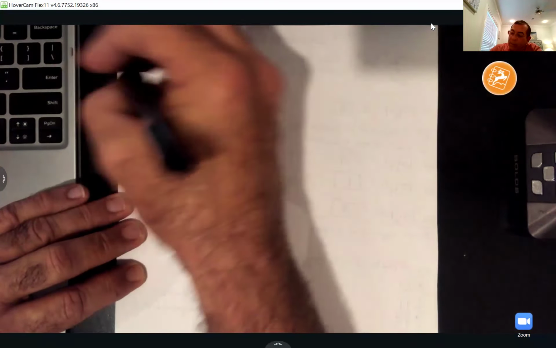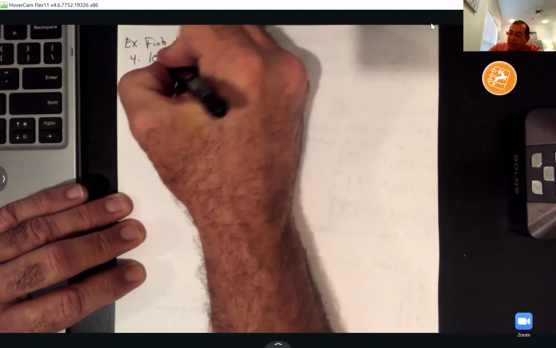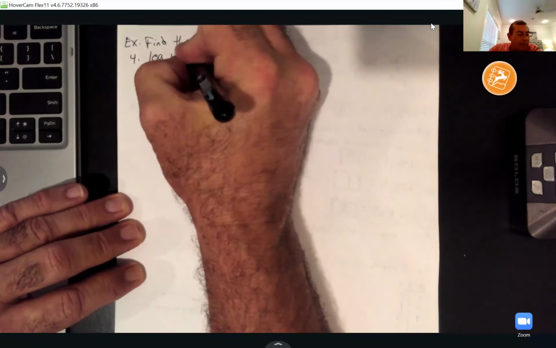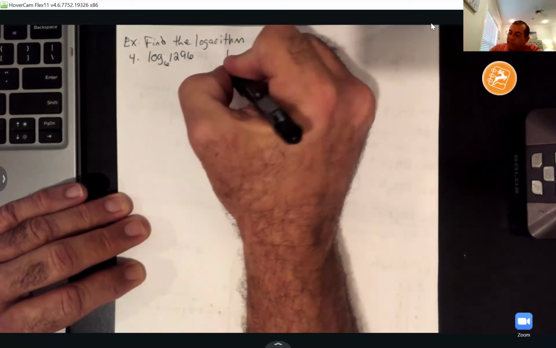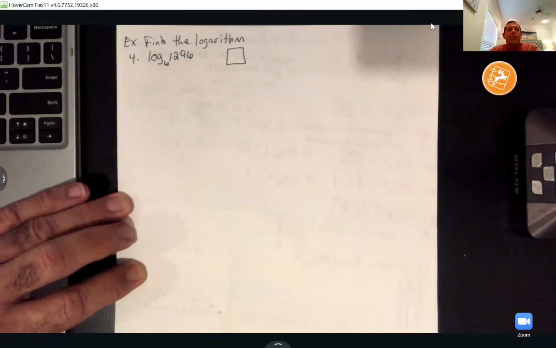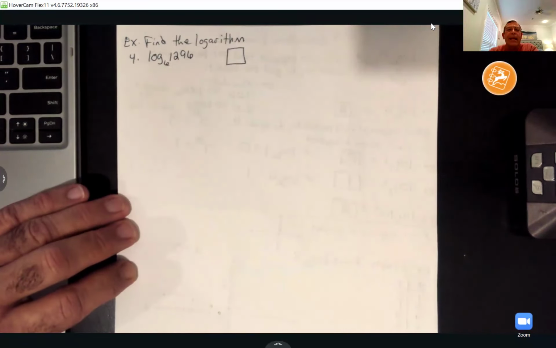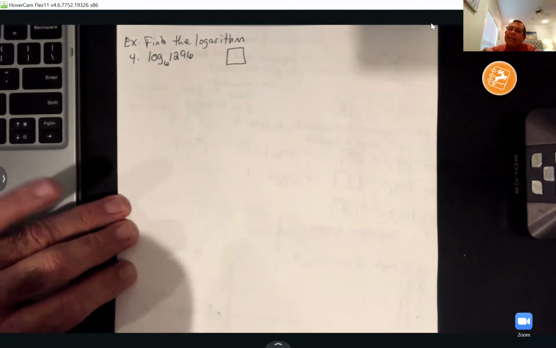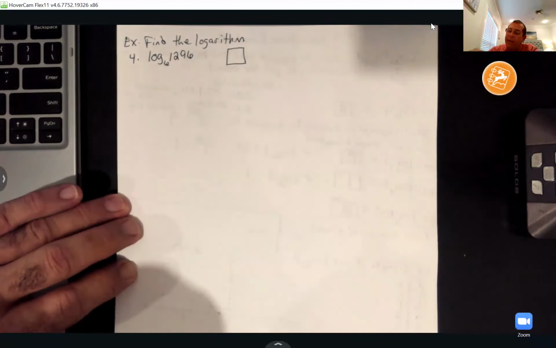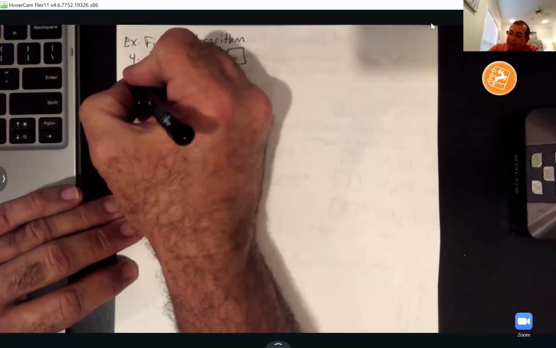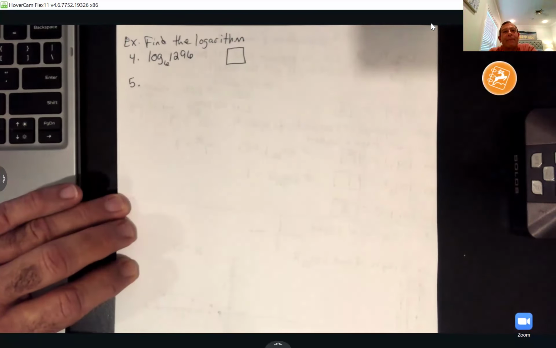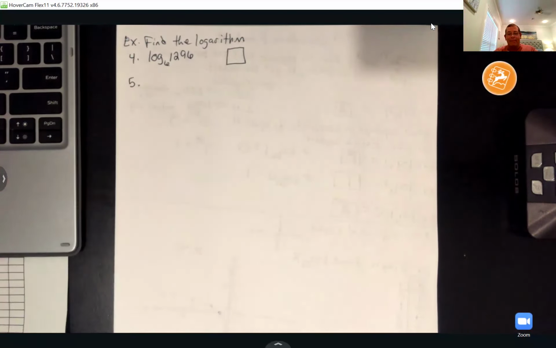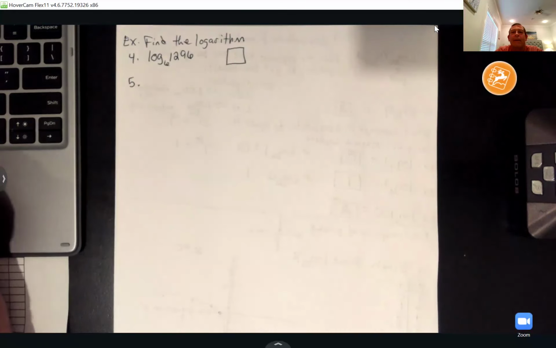A log base 6 of 1296. So y'all push that in and see how many times I got to multiply that 6 times itself to get that 1296. Oh, y'all didn't even bring them calculators, did you?